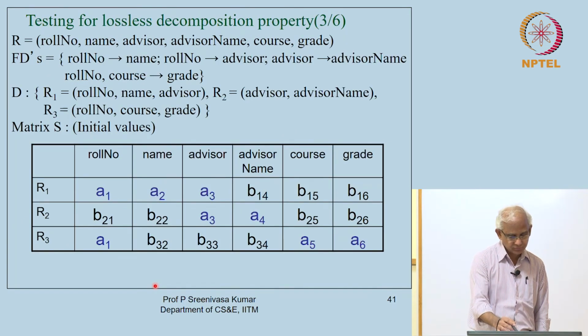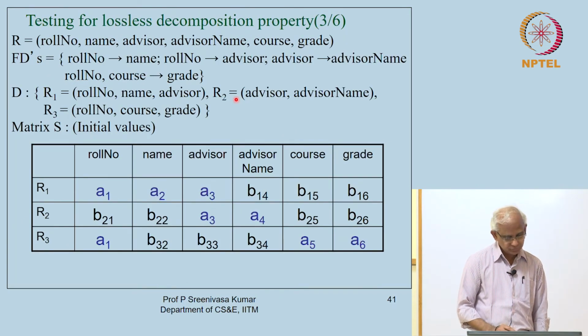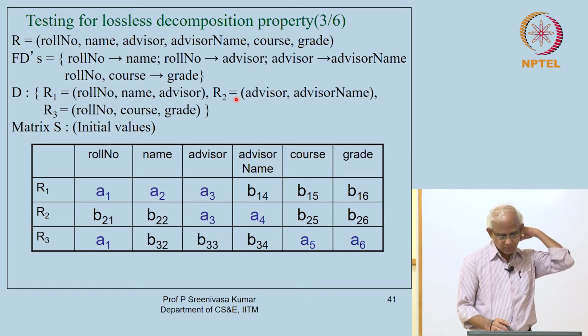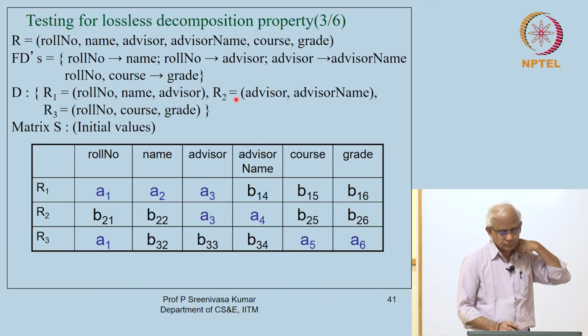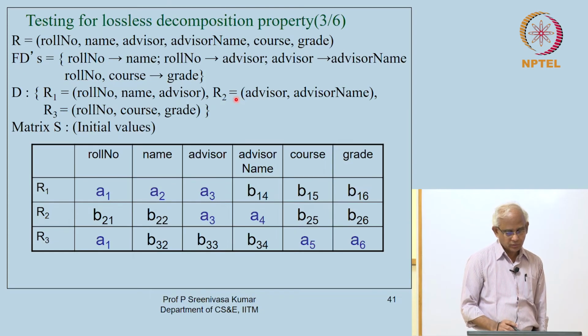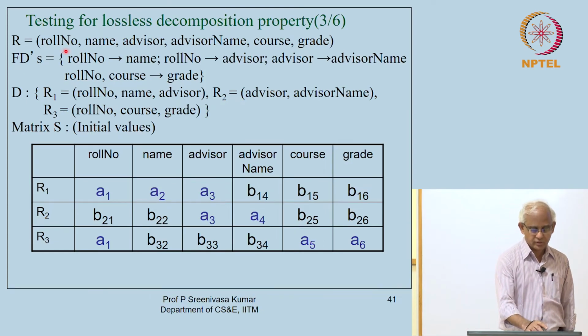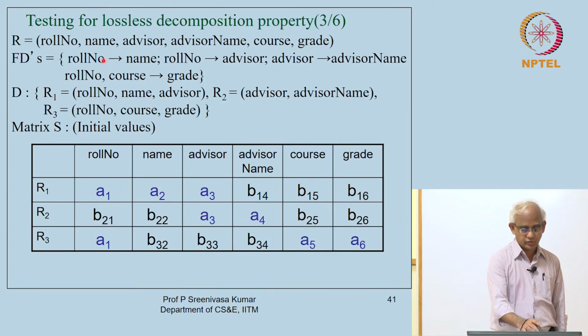So, here is an example, study this carefully. These are familiar attributes for you. We have roll number, name of the student, advisor, meaning advisor ID, advisor name, course, meaning course ID, and grade.